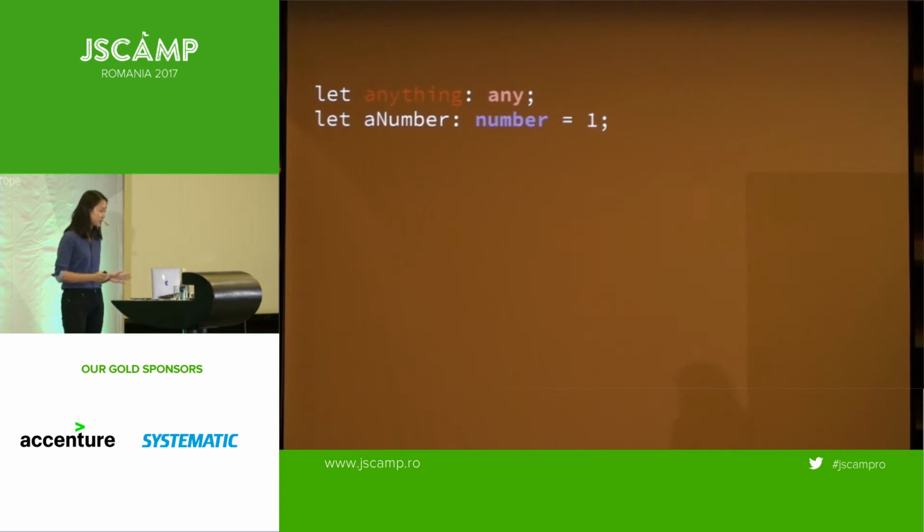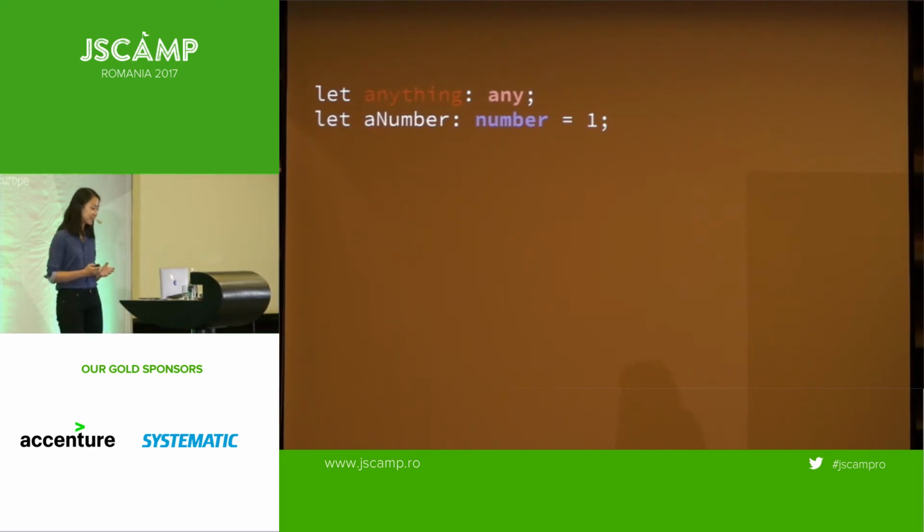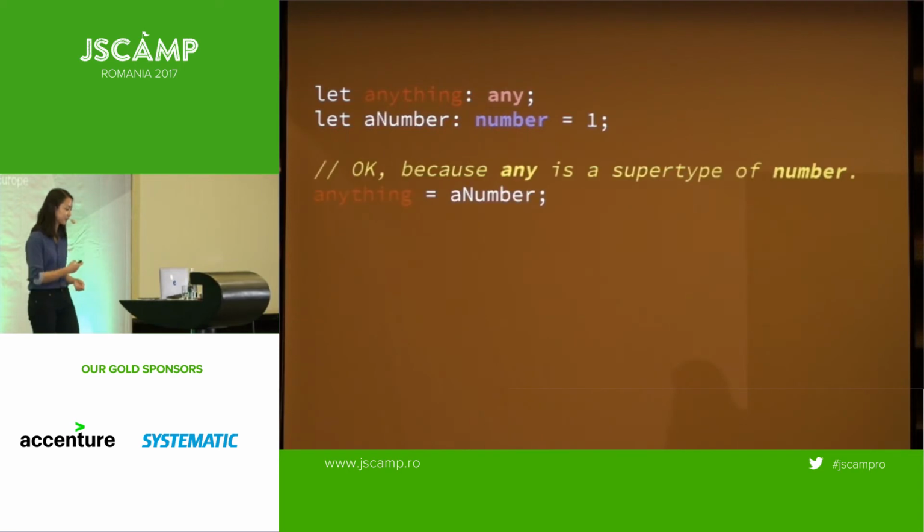This might be a review for some of you who already know Flow, but let's briefly go over why any is so dangerous. Let's say we have 2 terms, one of them called anything, which is declared as an any type. We can literally set anything to any value. The other term is called a number, and it is typed as a number. So thus, we should only be able to set numbers to a number.